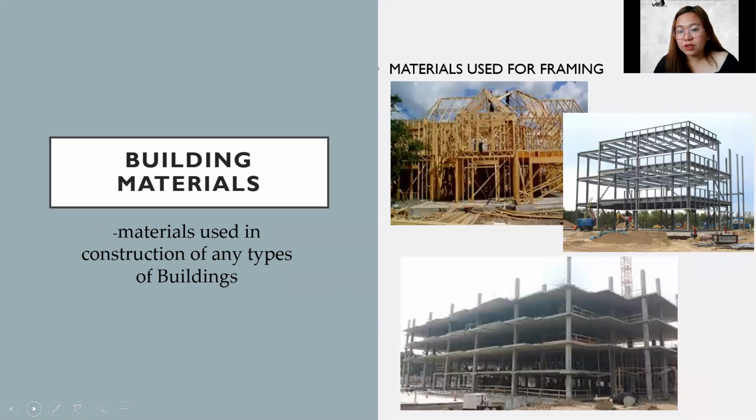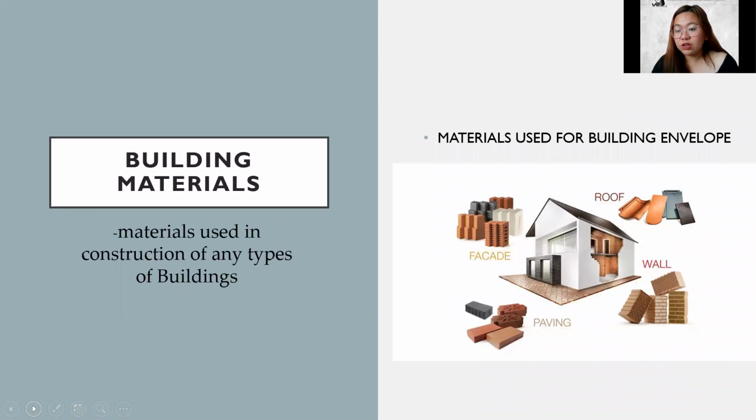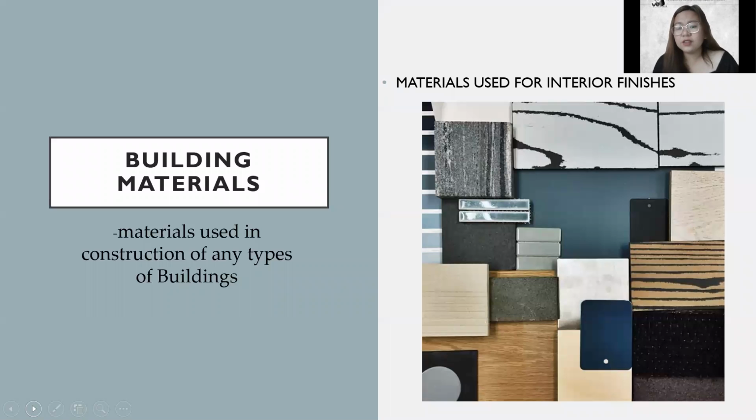From the materials used for your framing, mula sa frame ng building natin, be it wood, steel, or concrete, or the materials used for the building envelope or the building skin, from the roof, the wall, the paving, and the facade. And then the materials used for our interior finishes, like our tiles, our ceiling, our wall claddings.